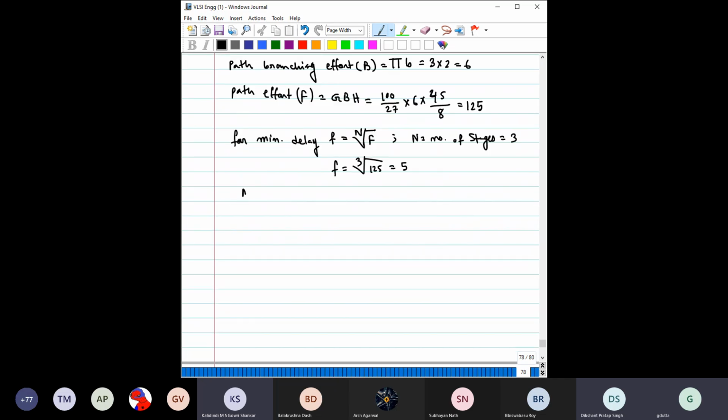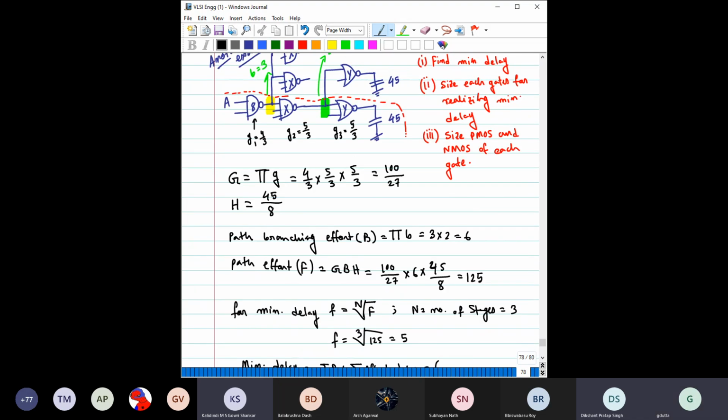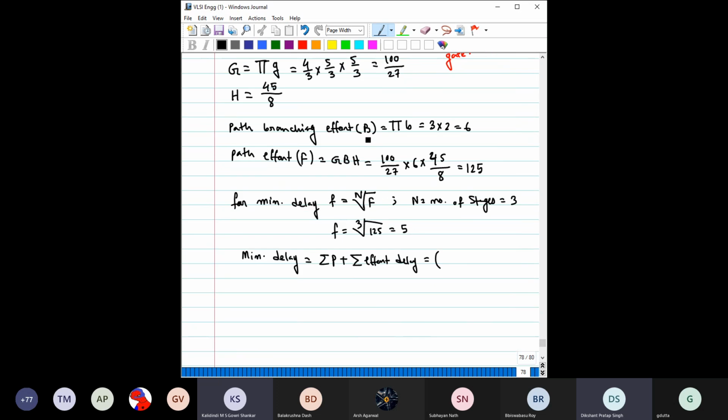Then the minimum delay. So minimum delay is equal to the summation of all the parasitic delay plus the summation of all the effort delay. So the summation of all the parasitic delay: we have to add the parasitic delay of this, so it is 2 for the 2 input, plus along this path it is 3 input, so 3, plus again 2 input, 2. So it is 2 plus 3 plus 2, right?